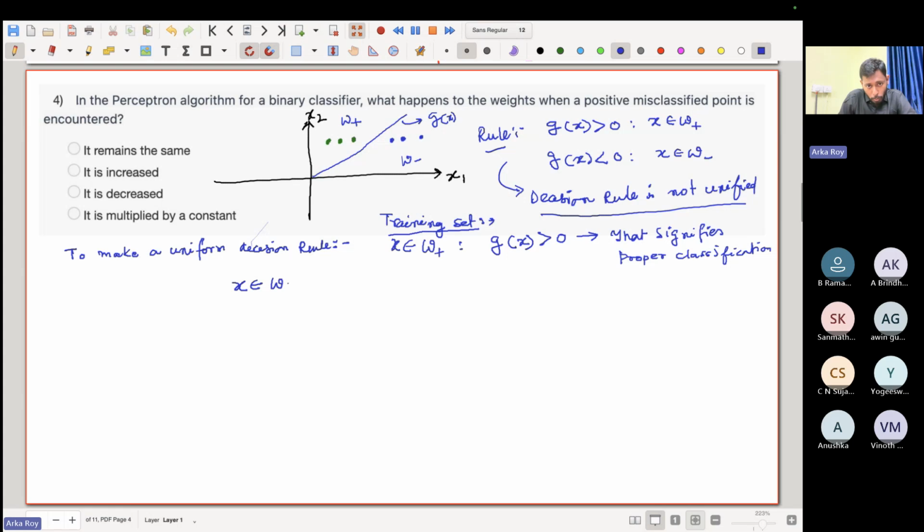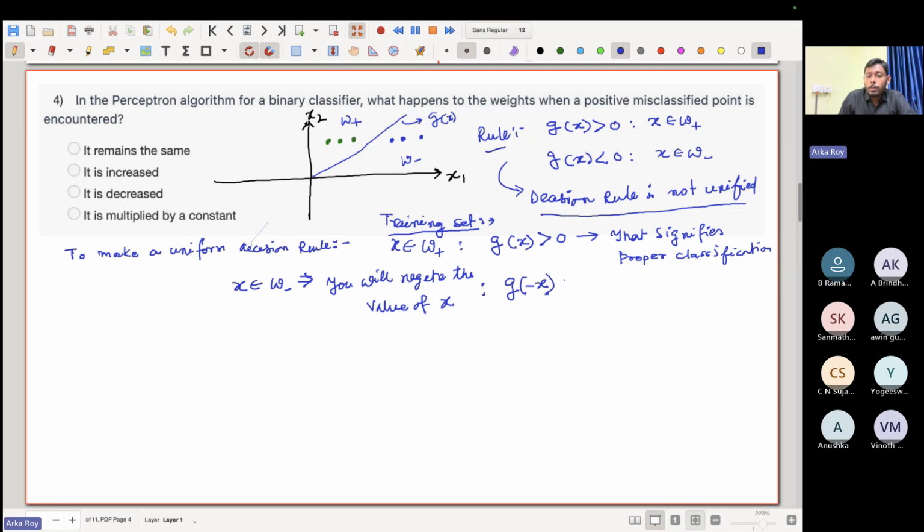Now in the second case, if x belongs to omega minus, what you will do is negate the value of x. That means instead of x, you will be passing g of minus x.